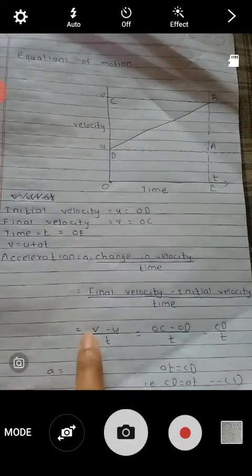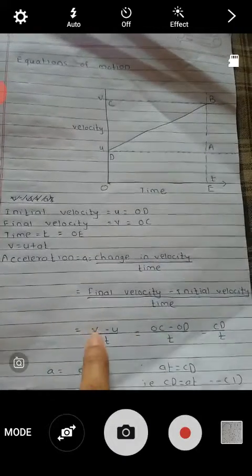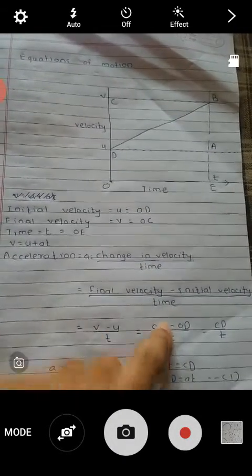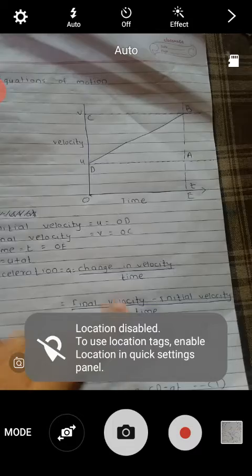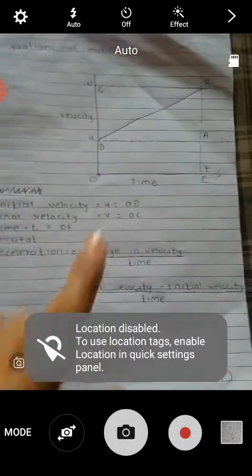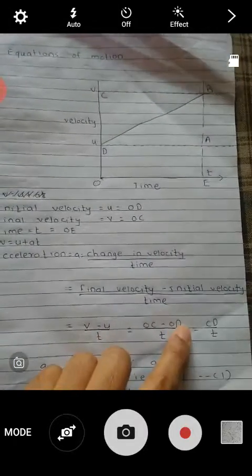Final velocity is v, initial velocity is u, and time is t. Again replace v by OC because v is represented by OC. Right? Then initial velocity u. U is represented by this OD. Substitute u by OD and time is as it is.